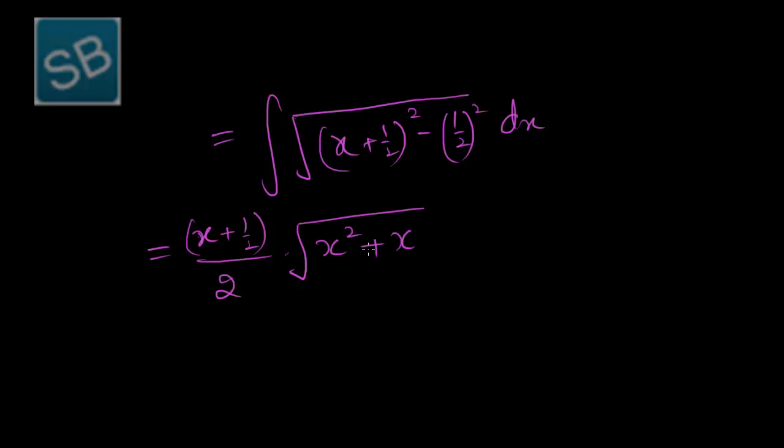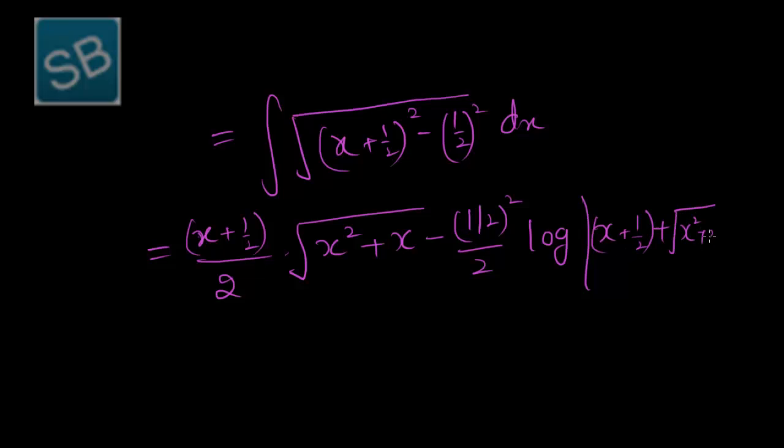On solving we will get again this, that is minus a square by 2 log of x plus under root x square plus x, plus c dash.